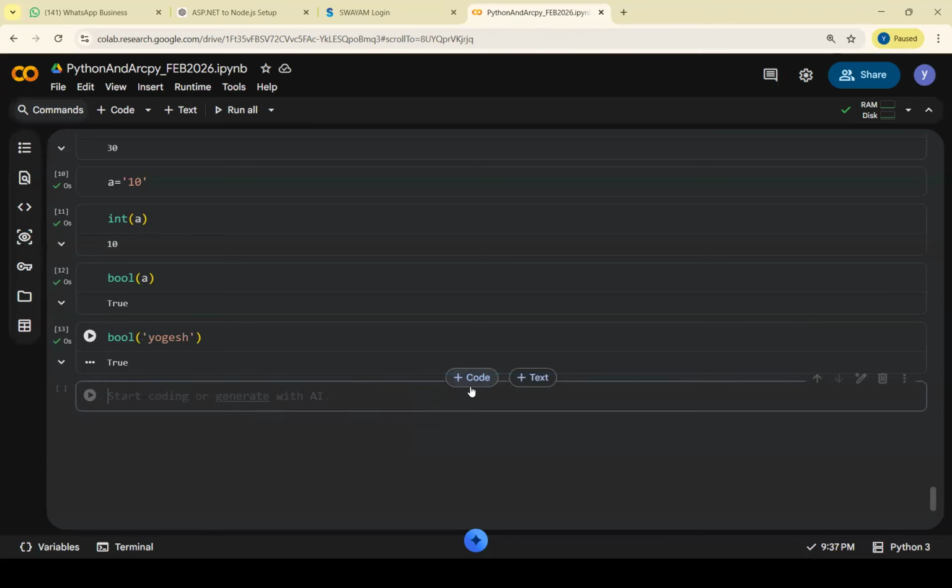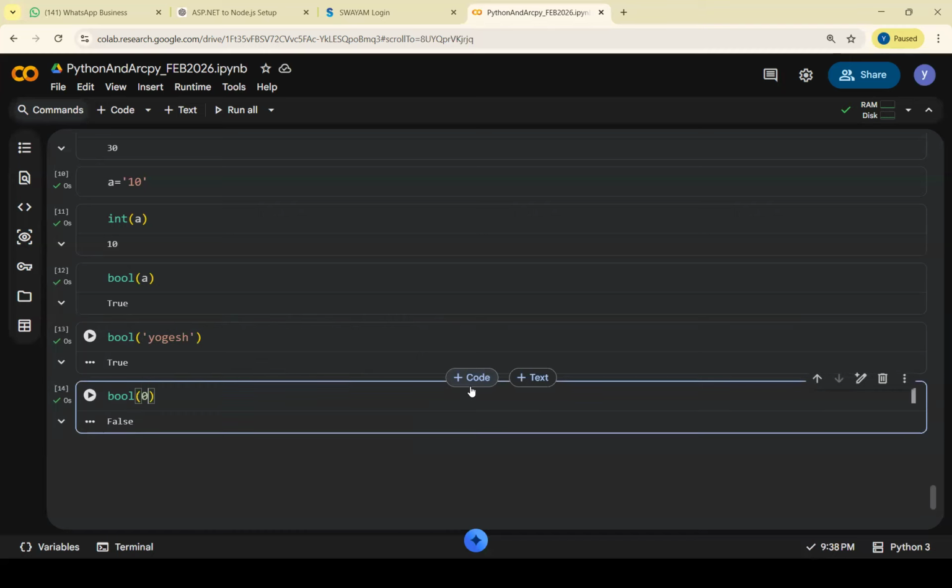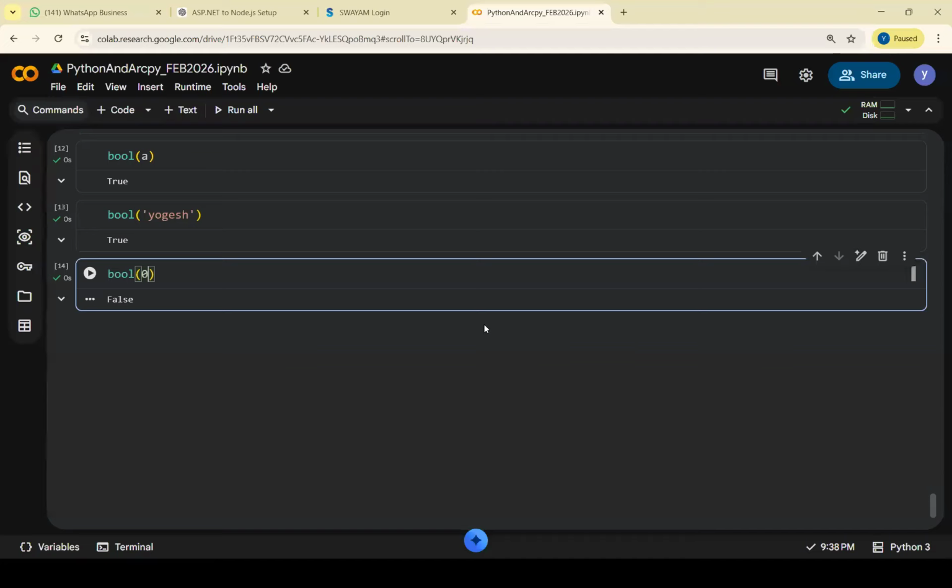Let's suppose I write bool 0. When you convert 0 to boolean, the answer will be false.